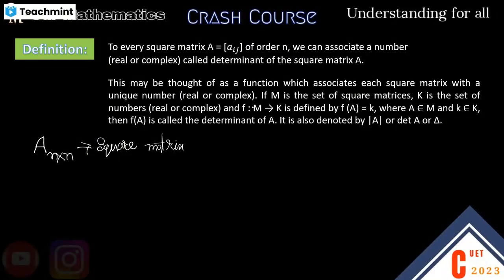If M is the set of square matrices and K is the set of numbers, real or complex, and f is a function from the set M to K defined by f of A is equal to k, where A belongs to M, that is the set of square matrices, and small k belongs to capital K, that is the set of numbers, then f of A is called the determinant of A. That unique number is called the determinant of A. It is also denoted by determinant of A, or det A, or just by a triangle.